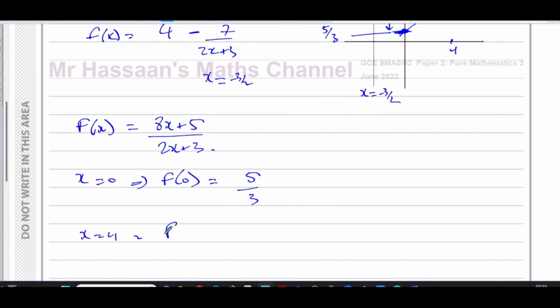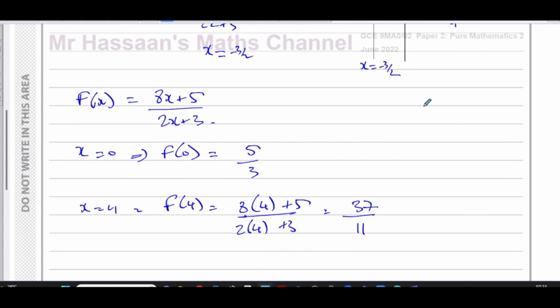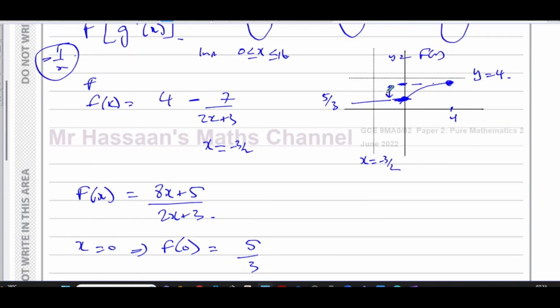So when I put x equals 4 into this function, I'm going to get f of 4 equals 8 times 4 plus 5 over 2 times 4 plus 3. That gives me 8 times 4 is 32, plus 5 is 37, over 2 times 4 is 8, plus 3, which is 11. So that is the value 37 over 11.